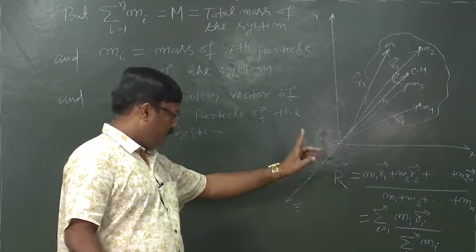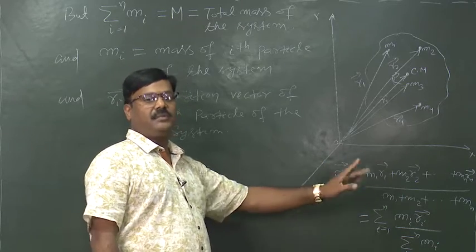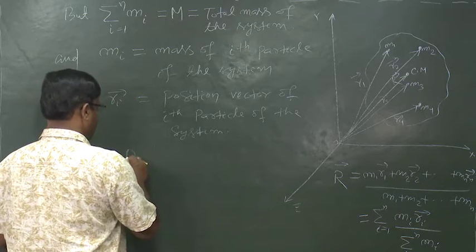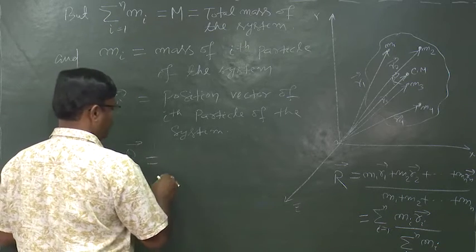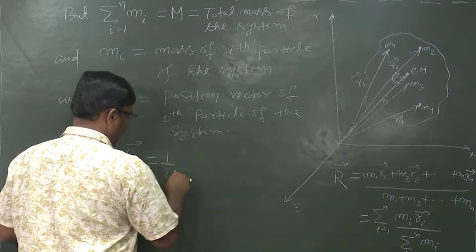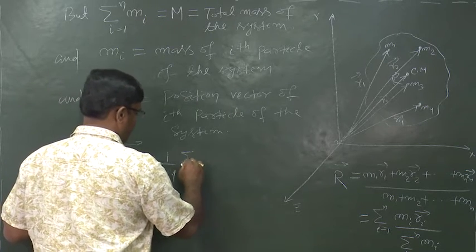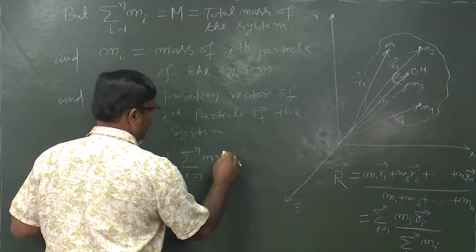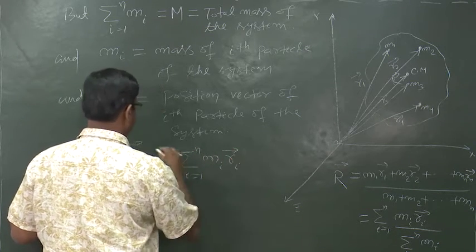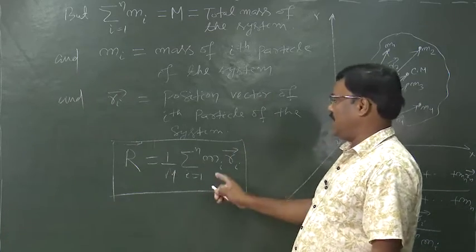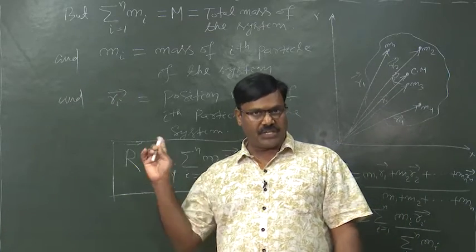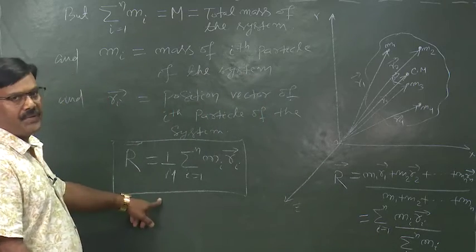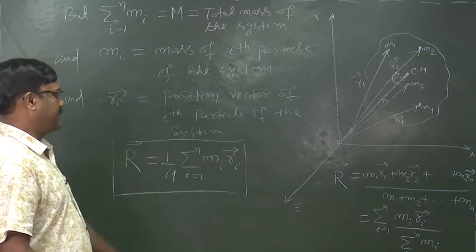So, the position vector of the center of mass of the system can be written as R vector is equal to 1 by M sum over i equal to 1 to n of mi ri vector. This is the expression for the position vector of the center of mass of a system of particles.